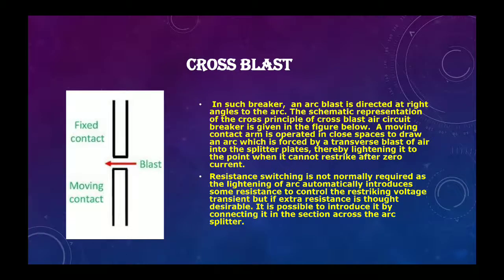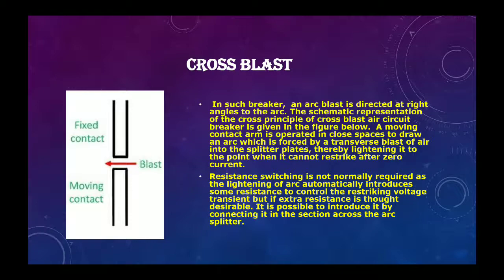So resistance switching is not normally required, as lengthening of the arc automatically introduces some resistance to control the restriking voltage transient. But if extra resistance is thought desirable, it is possible to introduce it by connecting it in the section across the arc splitter.